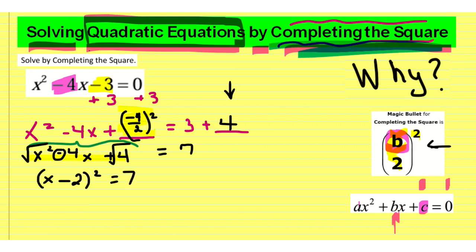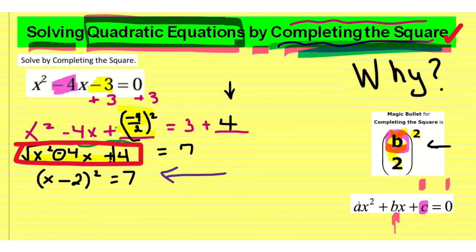So now that we have completed the square, like I said, this piece right here, this is a perfect square trinomial. That is where we completed the square. But now that we have factored it according to the pattern, we can now use the square root method to finish solving for this.